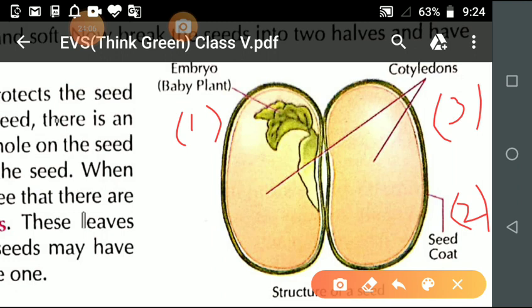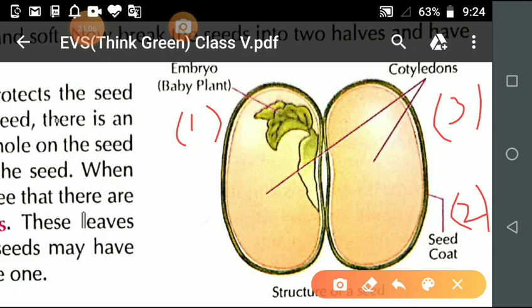So student, did you know what is the reason for that? The reason is that there is a hole on the seed coat which allows water to enter the seed. Once the water enters inside the seed, the size of the seed looks bigger, or you can say swollen. And if you touch the seed, at that time the seed is soft also.